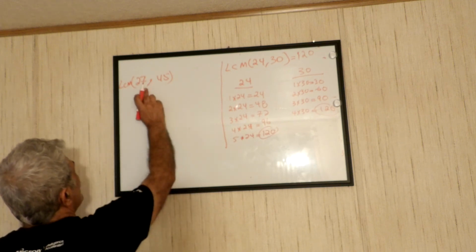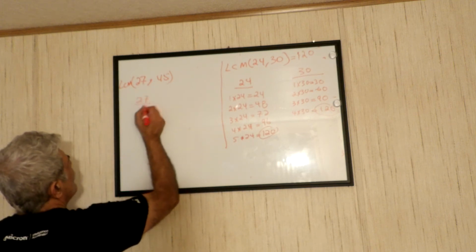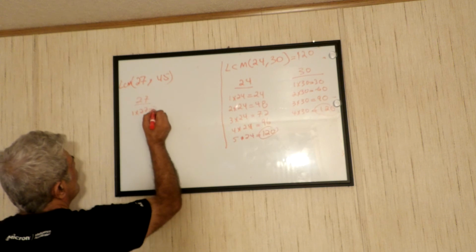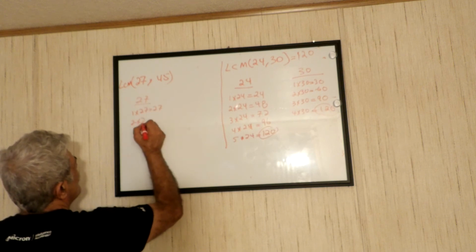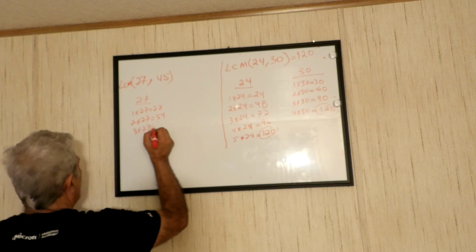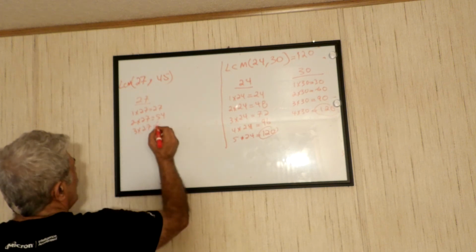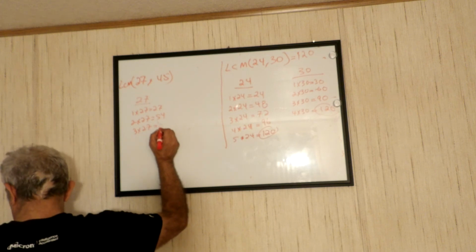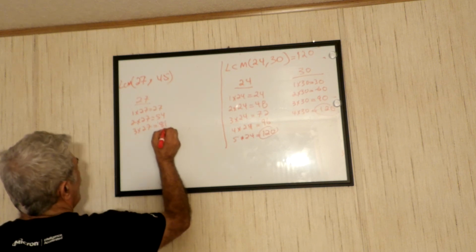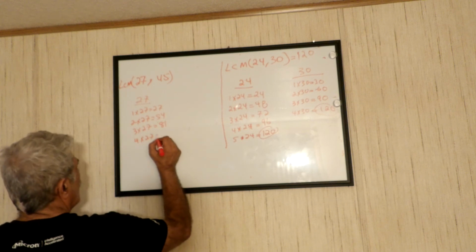I don't think we did this one. So what you do is 1 times 27 is equal to 27. 2 times 27 is going to be 54. 3 times 27 is 81. 4 times 27 is 108.